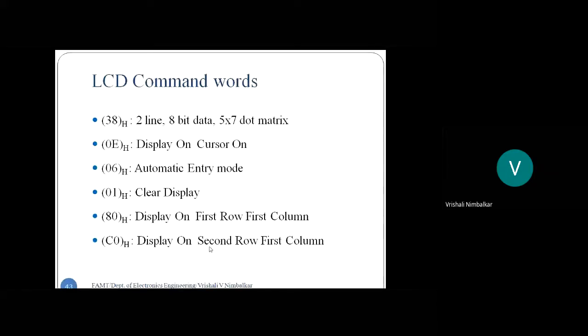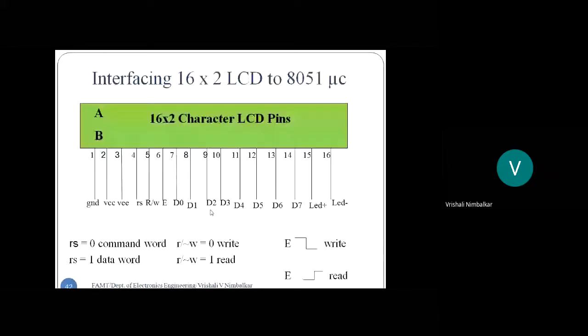Now see, I told you all there are 16 columns and 2 rows. The first column has an address. The first row, first column has a unique address, and that address is 80 hex.